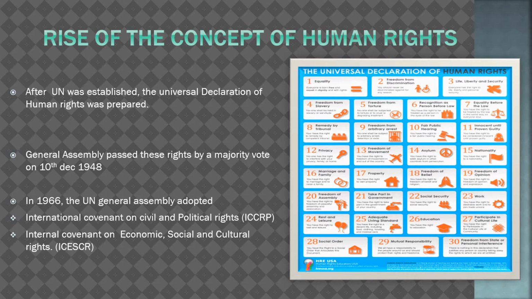Member nations of the United Nations are bound by this covenant law, and they have to follow whatever has been mentioned in it. The question of human rights was raised in the United Nations General Assembly on several occasions during the Cold War period.